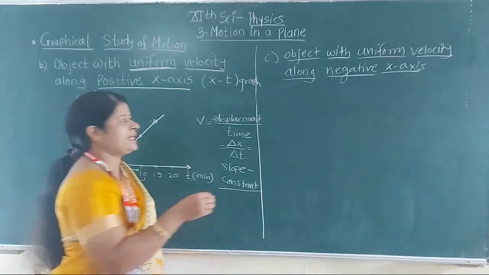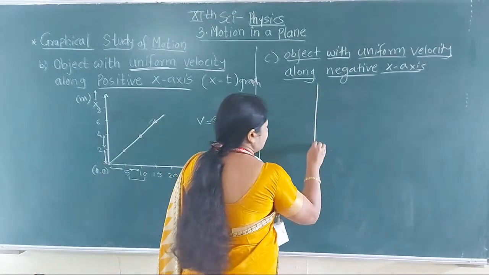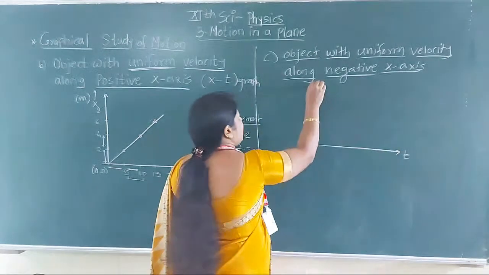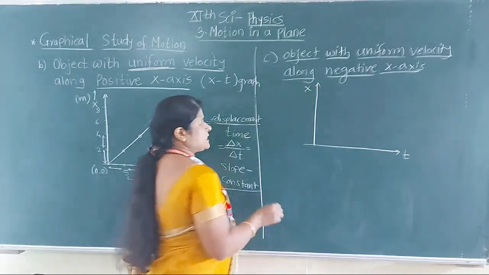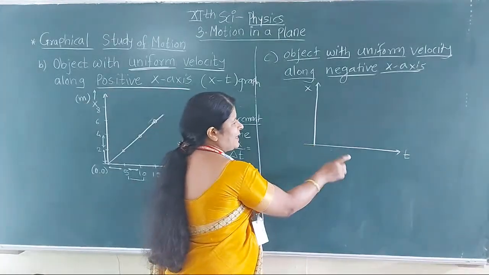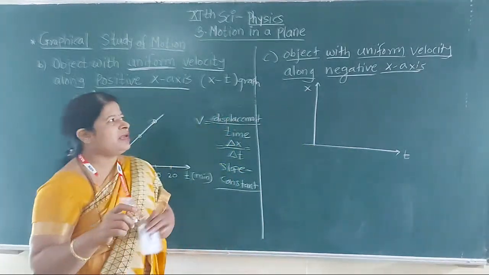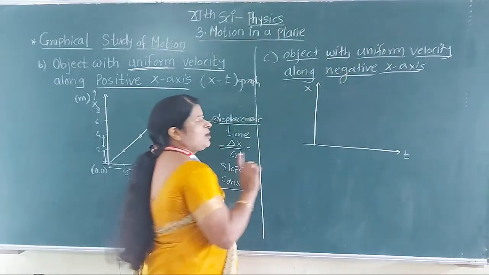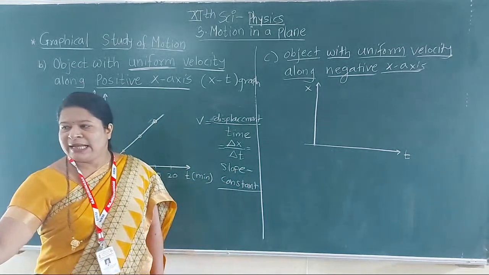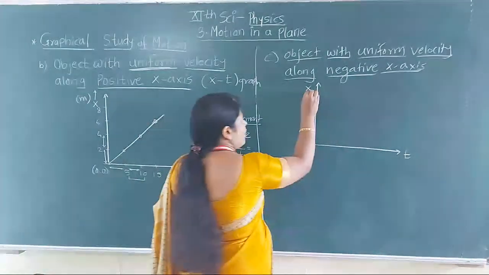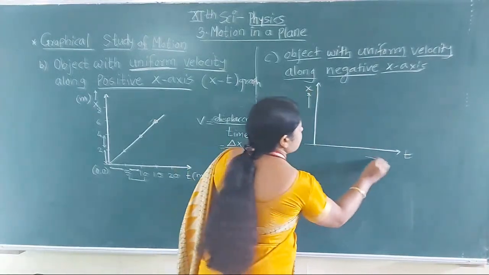Negative x-axis, and a representation of this graph is like this. This is the time axis and this is the displacement axis x. We know if we take the ratio of displacement divided by time, we get the velocity. Therefore, we write here object with uniform velocity along negative x-axis, and the slope of the graph is like this.